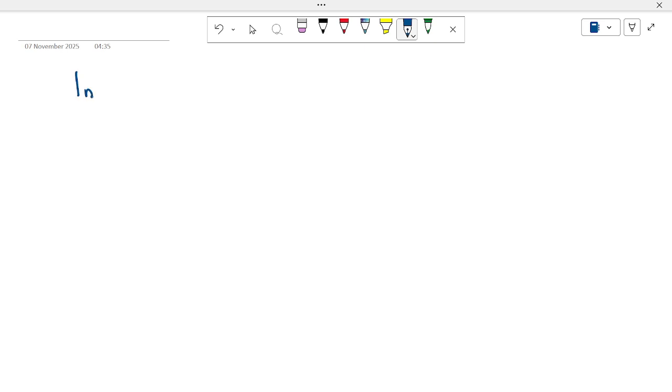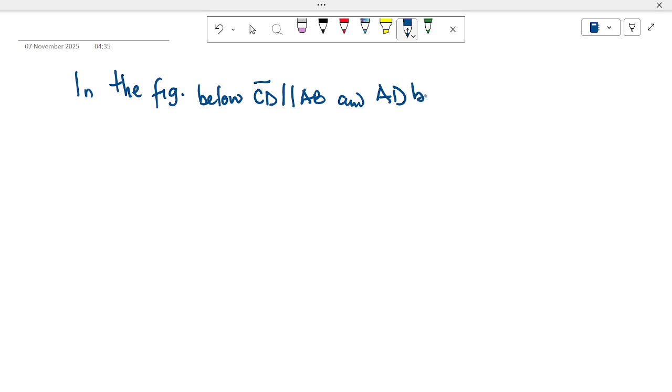So, in the figure below, CD, that's line CD, is parallel to AB, and AD bisects angle BAC.